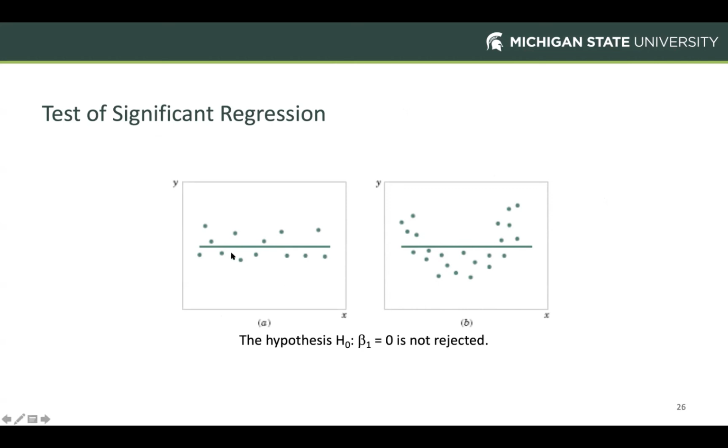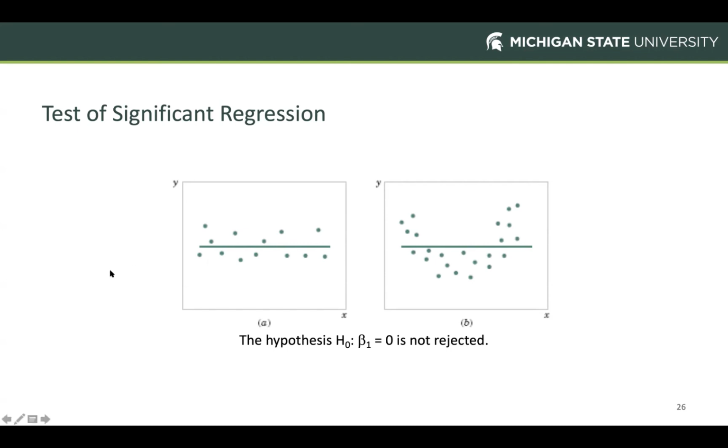In the first case, in figure A, it's pretty evident there doesn't appear to be any sort of relationship between X and Y. In the latter case, in contrast, there very clearly is a relationship, but it looks like that relationship is of a higher order. If we tried to fit a linear regression model through those data, we wouldn't be able to. We'd basically end up with just the mean of the data back as a result, but that would probably misrepresent or distort our view of the underlying relationship. There are ways we can try to accommodate this type of relationship through linear regression, and we'll talk about that a little more next week. But I wanted to raise that point.